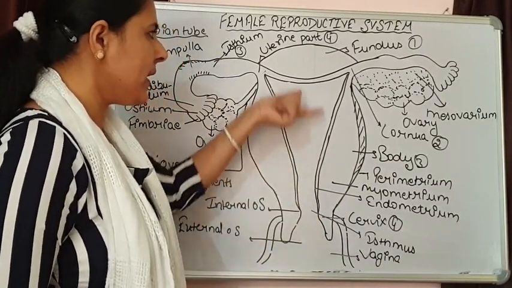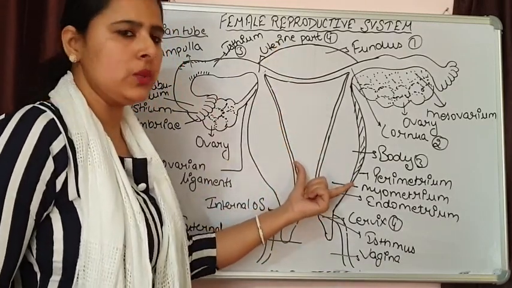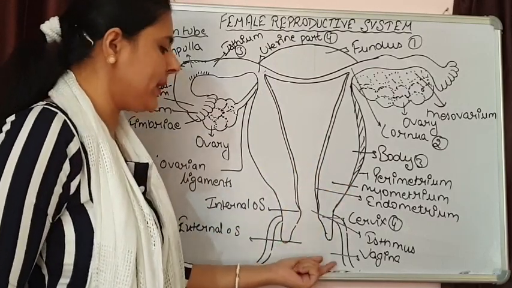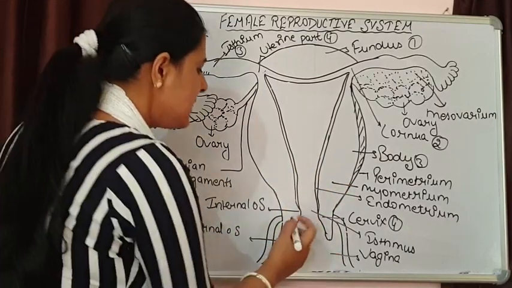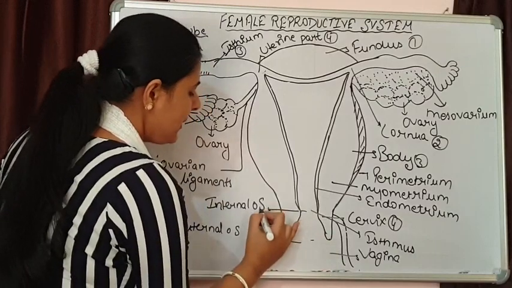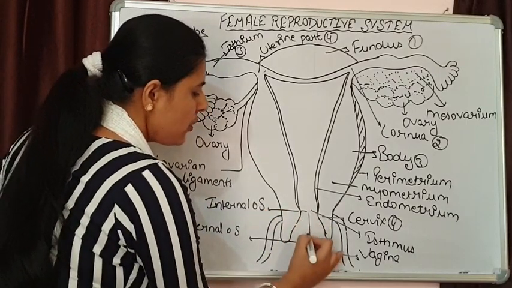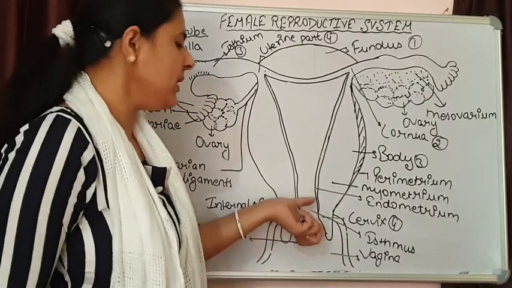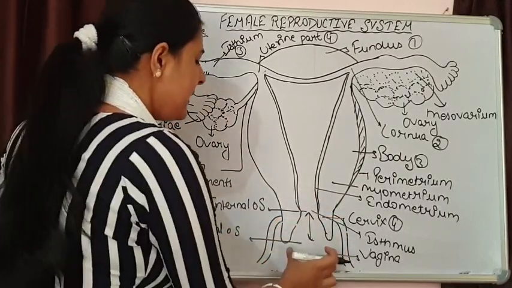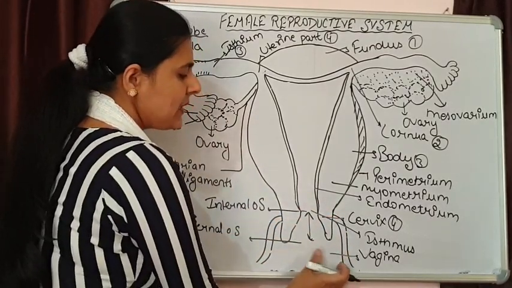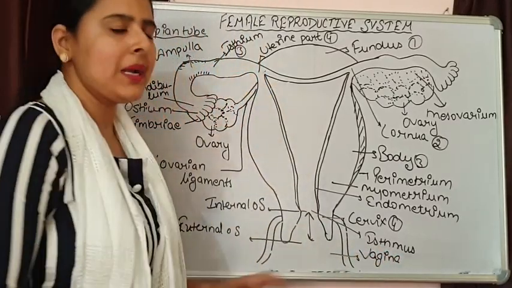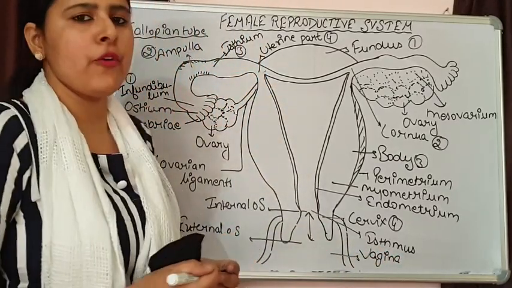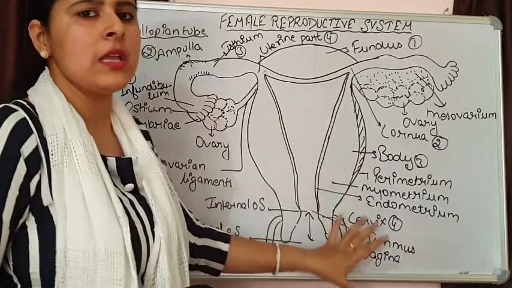The inner one has connectivity with the uterus, and the outer one is opening into the vagina, and this portion from internal to external OS forms the cervical canal. And finally the vagina opening also forms a birth canal. So this is how the female reproductive system is present.